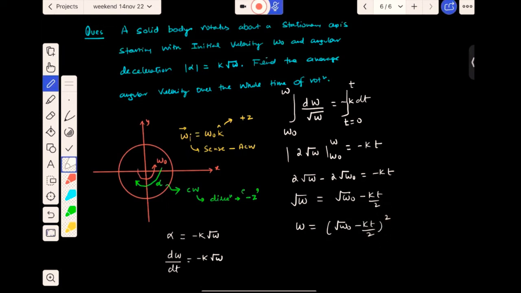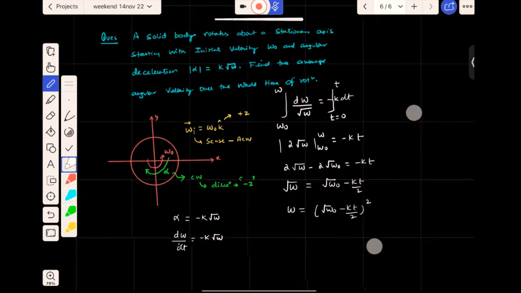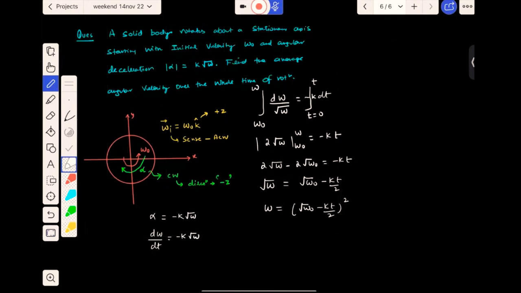Now I need to know when the omega will become 0. So if I equate omega to 0, what we get is at time t equals 2 root omega naught by k, at this time the omega will become 0. So from this we know what is the time interval I have to consider. It is this only, no?